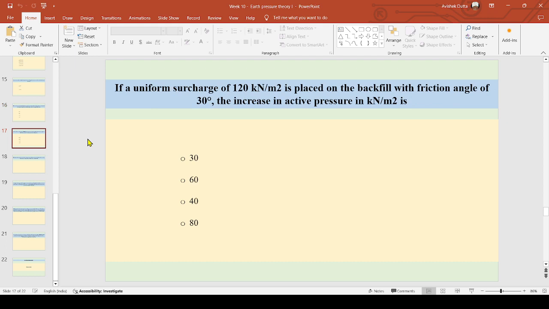Another numerical. If a uniform surcharge, that is a load of 120 kilonewton per meter square, is placed on the backfill with friction angle of 30 degree, the increase in active pressure in kilonewton per meter square is.